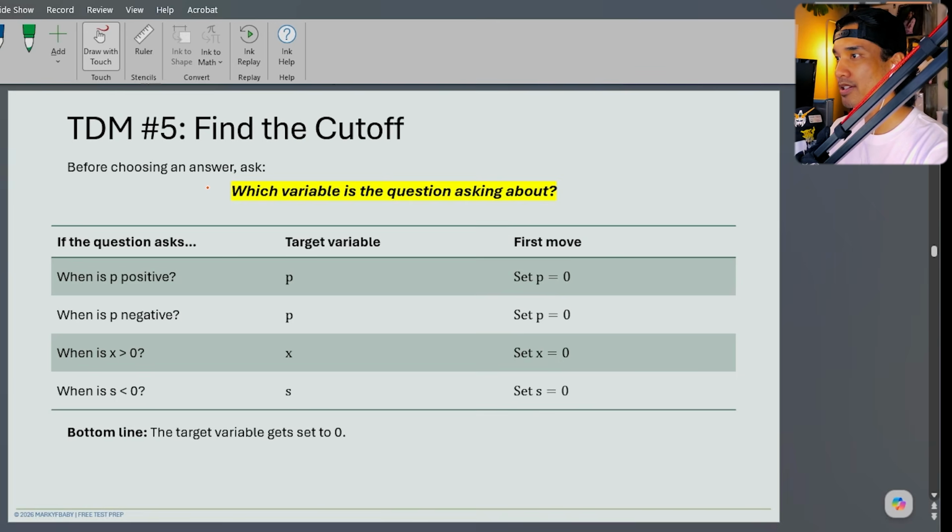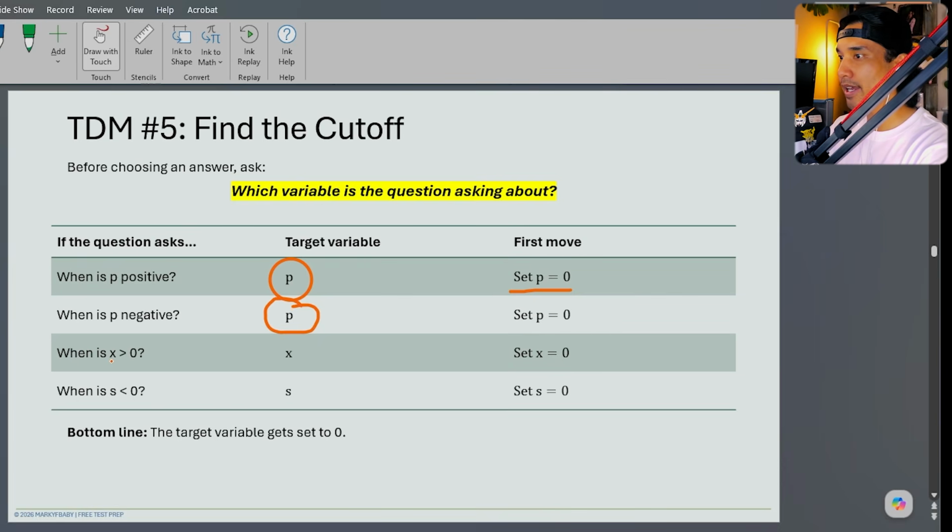Next, we have the cutoff. Before choosing an answer, ask which variable the question is asking about. If the question asks, when is P positive, the target variable is P, so we set P to 0. When is P negative? Again, the target variable is P, so I set P equal to 0.